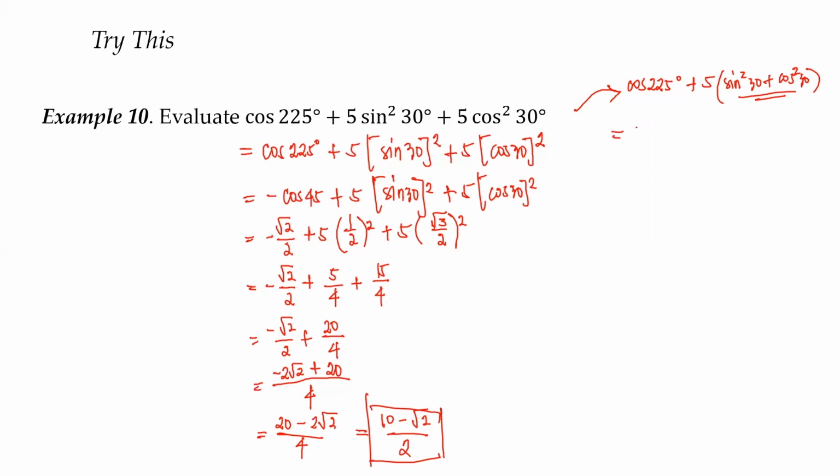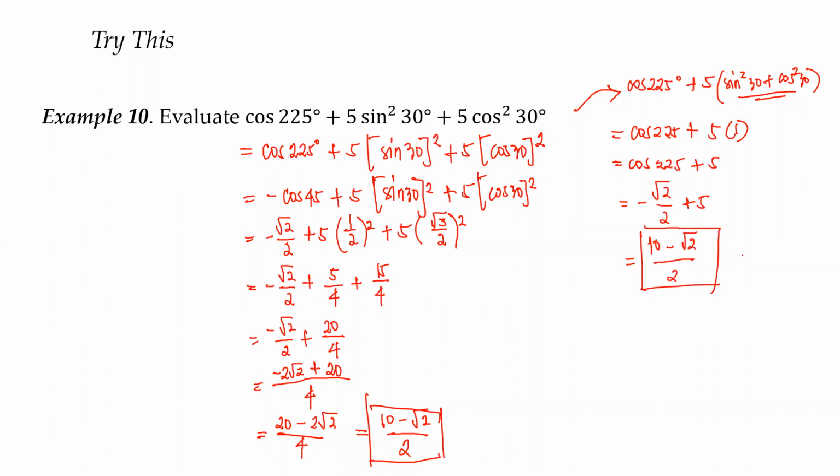So this is cosine 225 plus 5 times 1, which is equal to cosine 225 plus 5. Since cosine 225 is equal to negative square root of 2 over 2, plus 5, we simplify. Since 5 has no denominator, we simply multiply it by 2. So that is 10 minus square root of 2 all over 2.